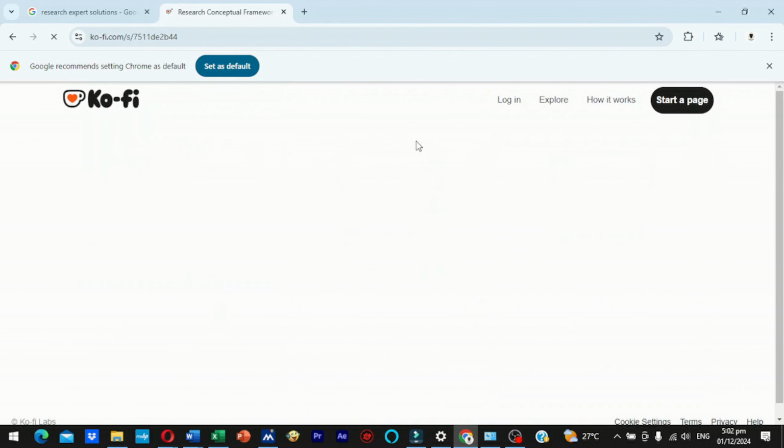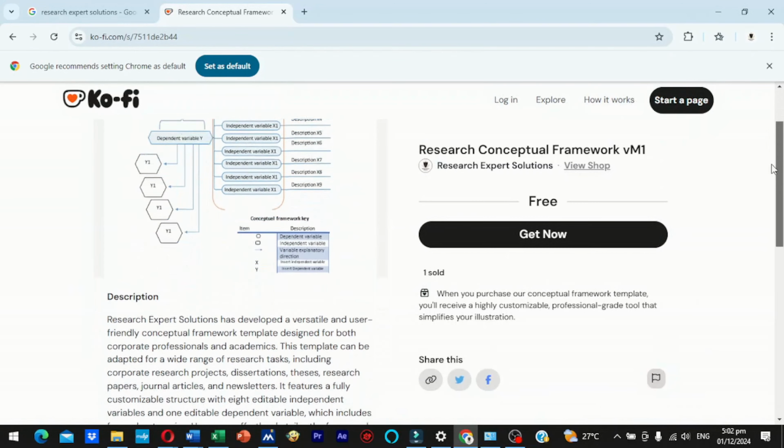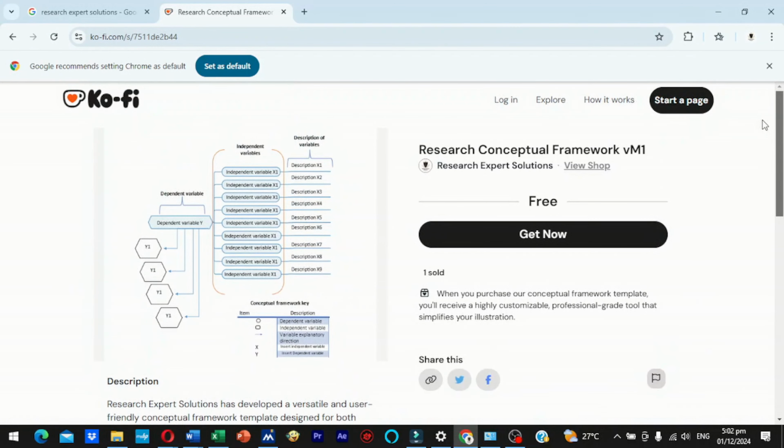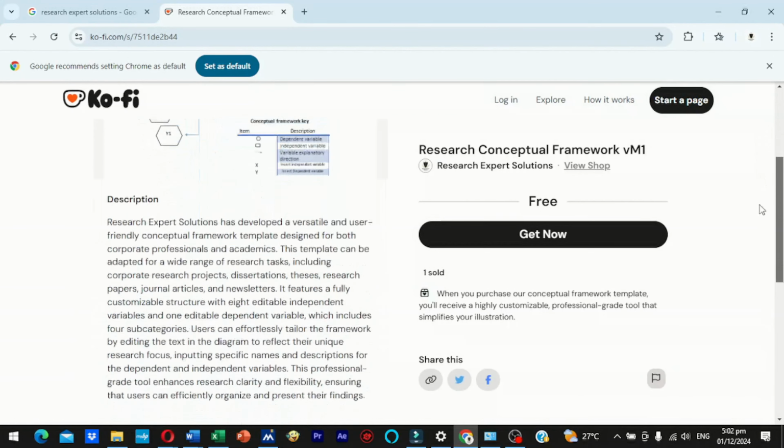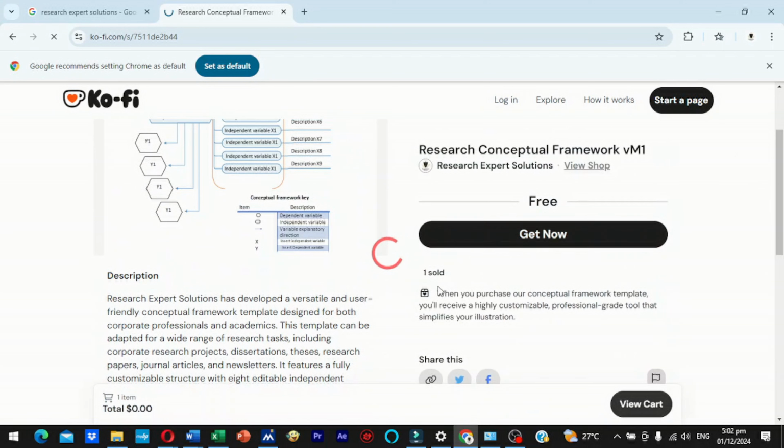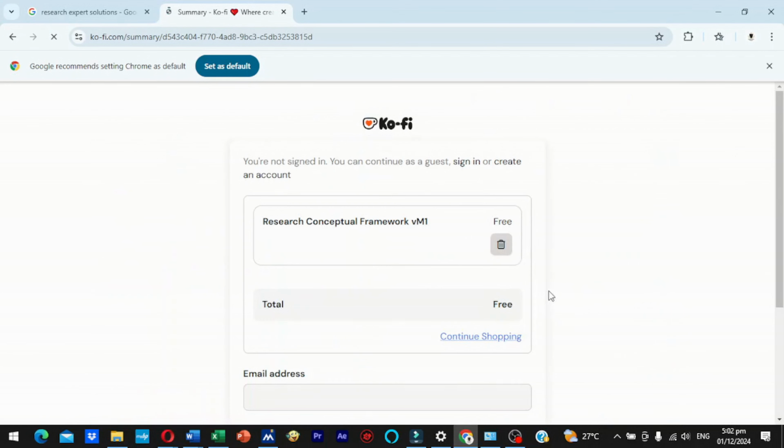So this is Ko-Fi, and this is their page. This is basically their website, and this is our page, right? If you want to get this, you can easily download it, and it will process the transaction. For example, this is free, so you don't have to pay anything.